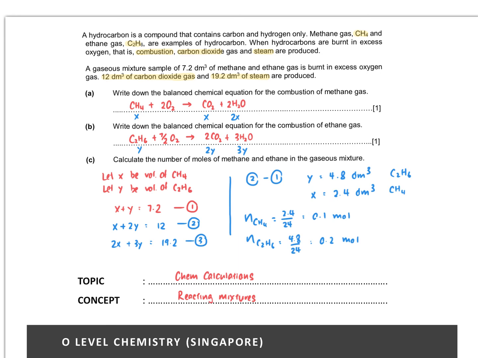Let the amount of one component of the mixture be X, let Y be the amount of the other component. Then immediately you can set up one equation, and from the amount of products formed you can set up the remaining simultaneous equation, and on solving the simultaneous equations you will find the amounts of X and Y.